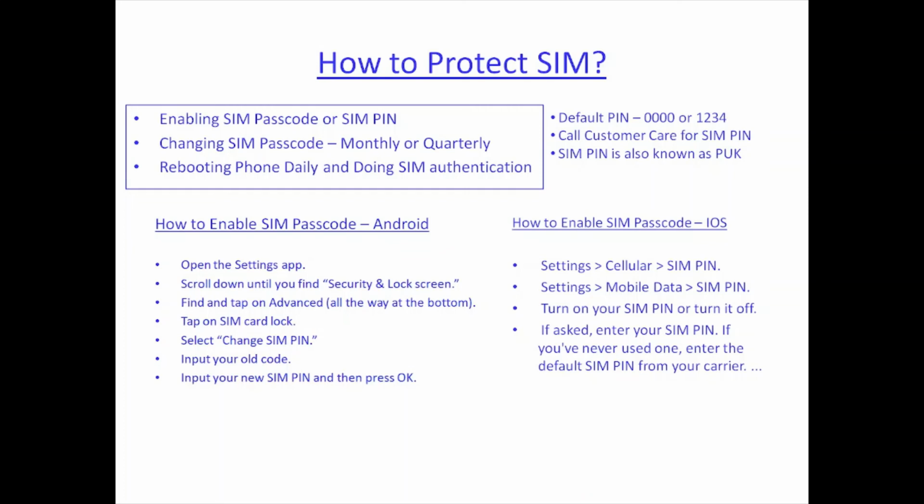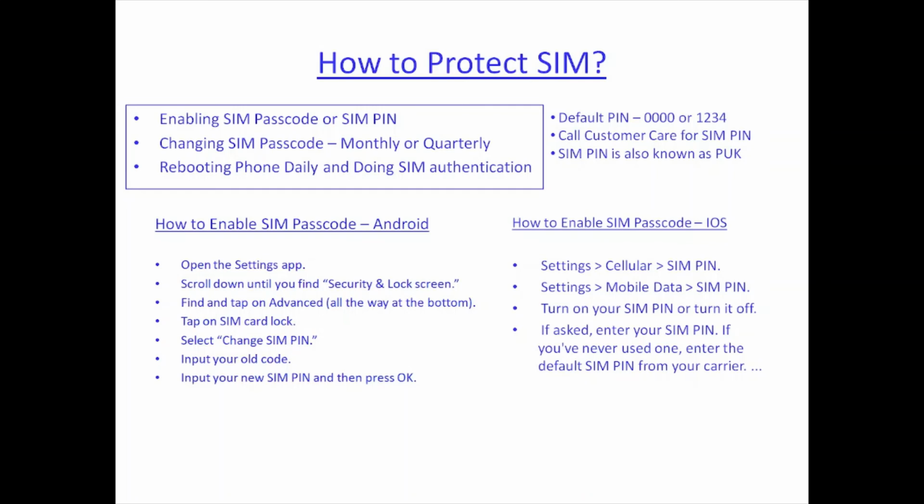Advanced tabs are mostly available towards the bottom. Scroll down. Once you click Advanced, there is another submenu called SIM card lock. Once you click on SIM card lock, there will be an option called change SIM pin.